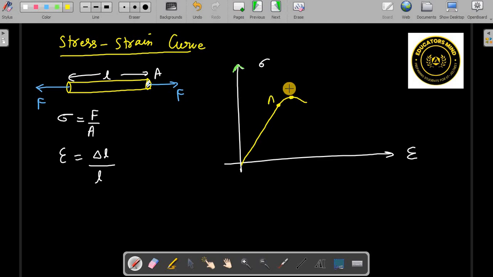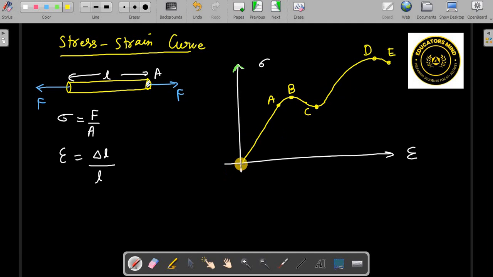You can take the points A, B, then C, D, E. These five points we can see.